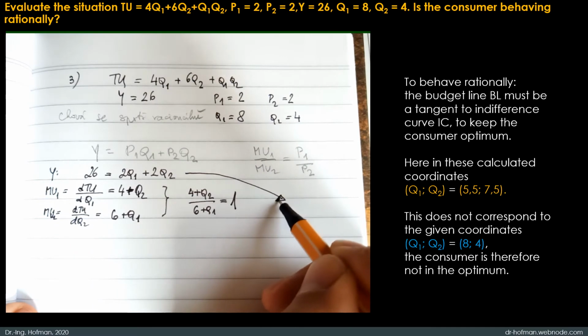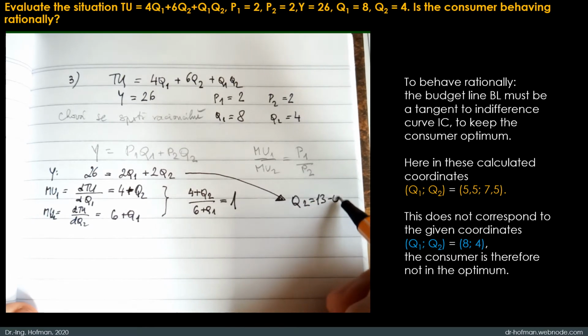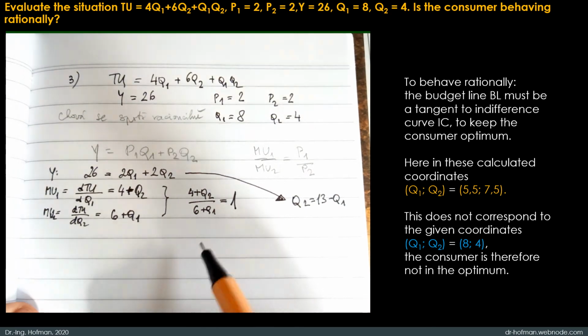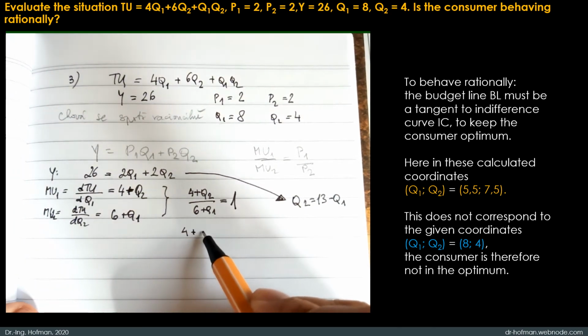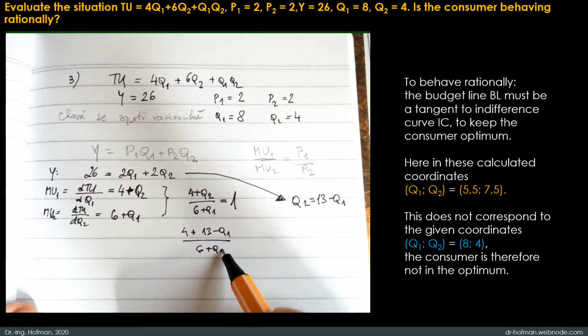From here, I express Q2, which is 13 minus Q1, and I substitute this into the fraction's numerator: 4 plus 13 minus Q1.